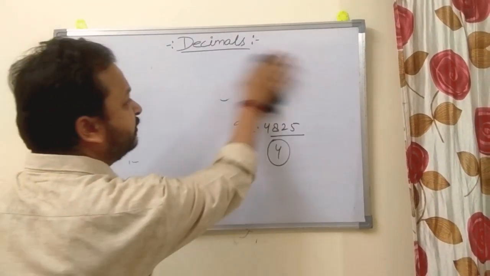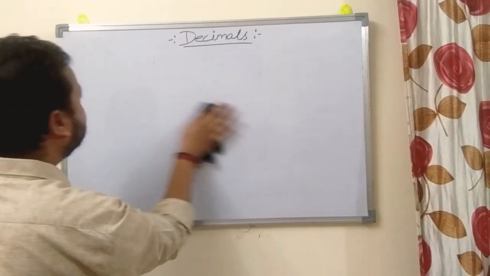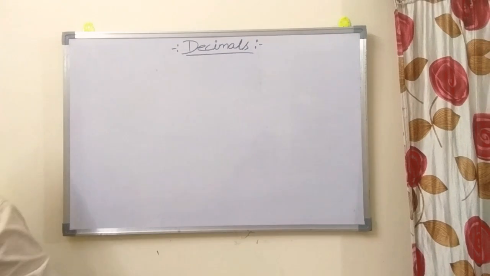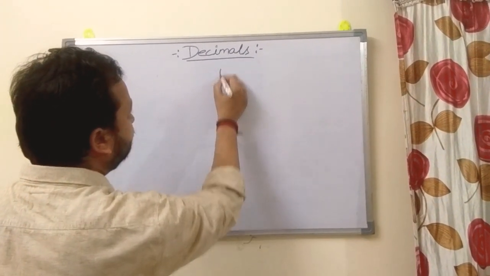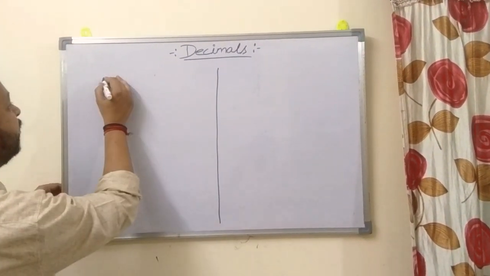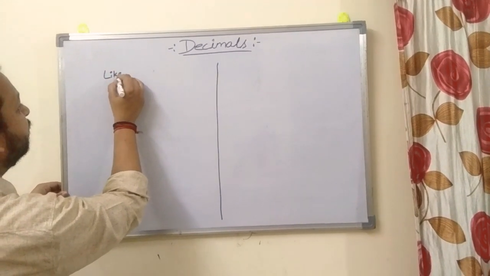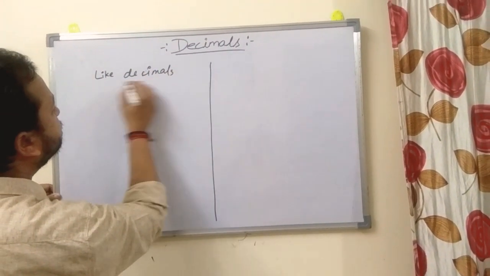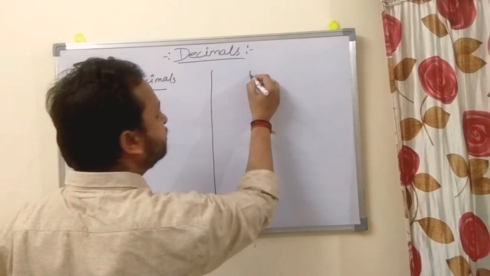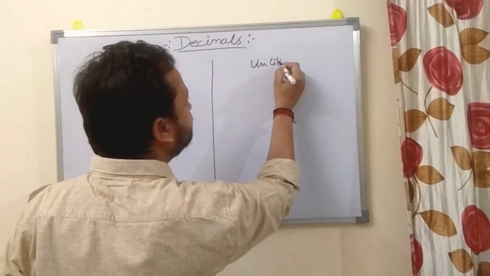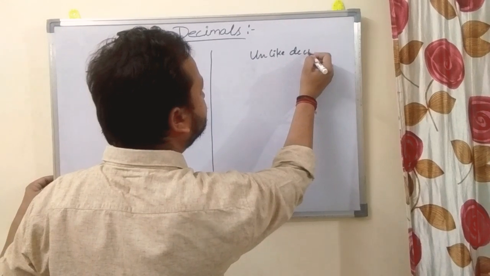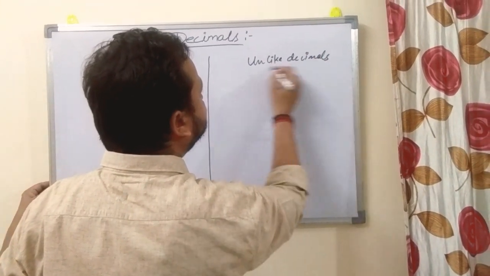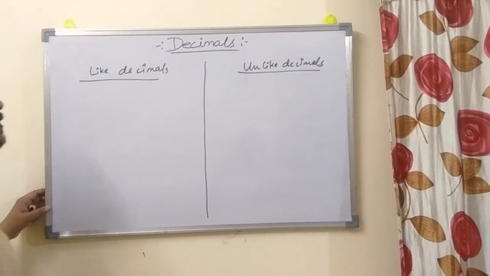After that, there are 2 types of decimals. One is like decimals, another is unlike decimals. Right?